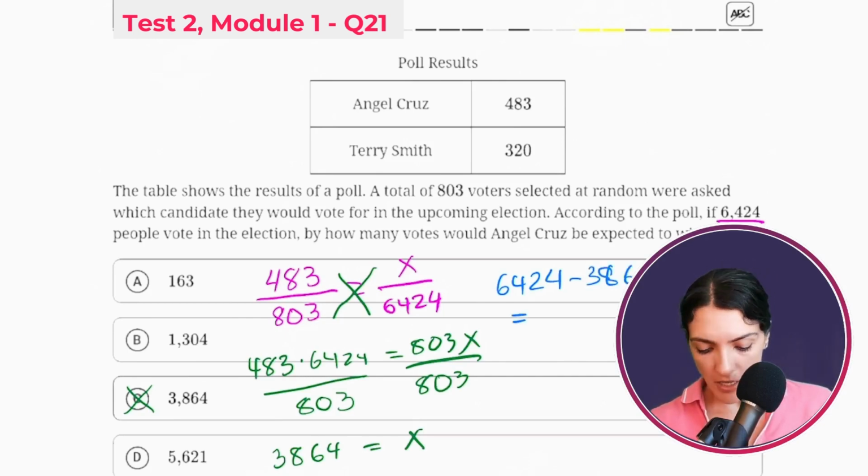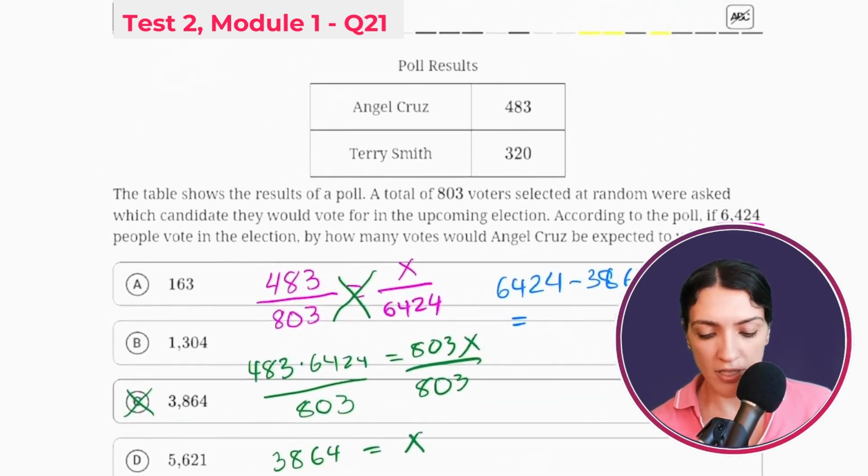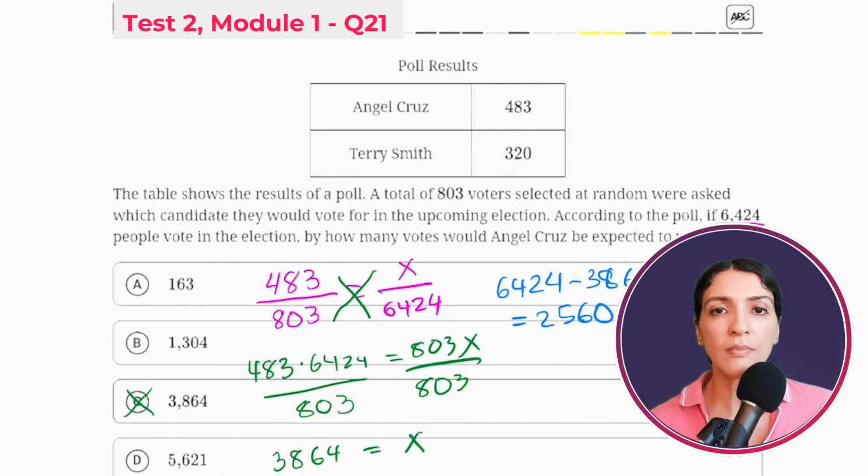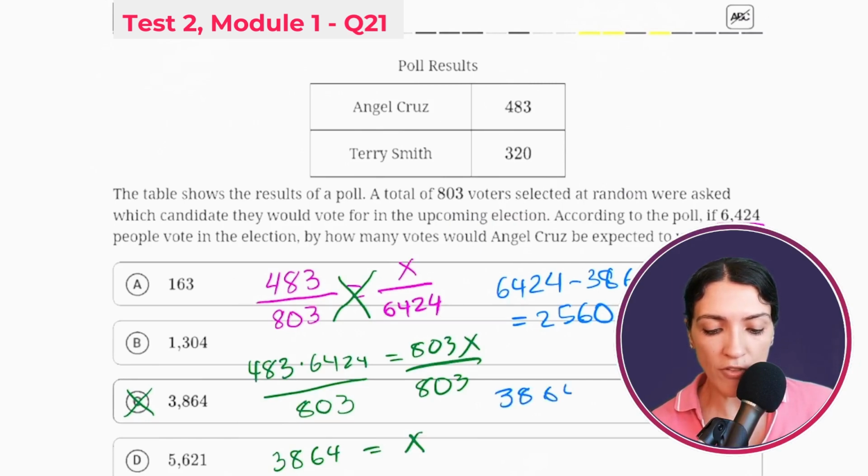And we can calculate that as 2,560. Now the question is asking by how much Angel would win, so they want us to find the difference between these two numbers. So our final answer would be 3864 minus 2560, which is choice B.